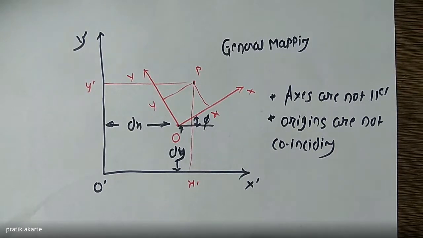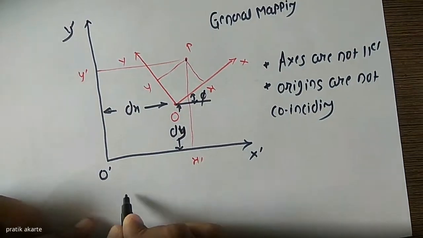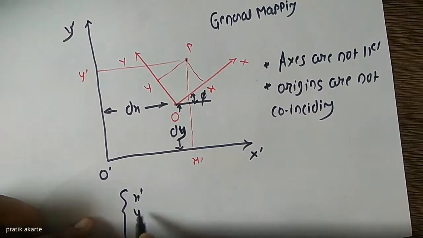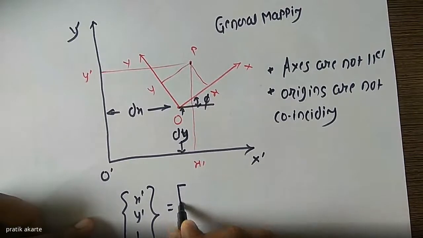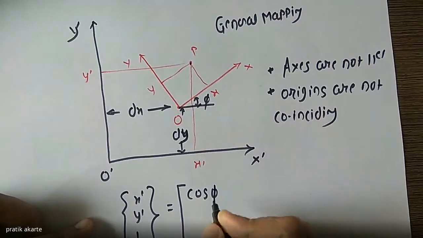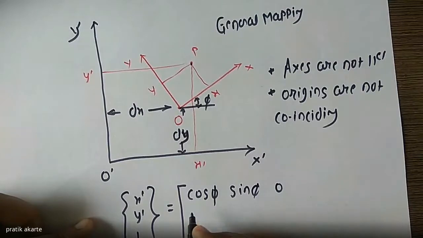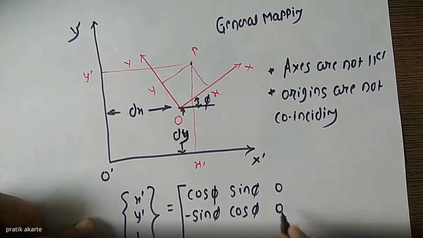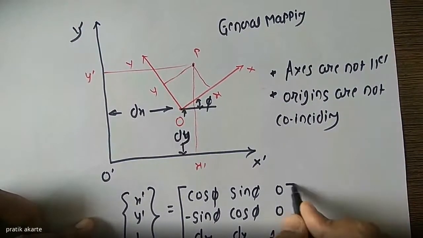Now, what is the equation for the general mapping? It is [x dash y dash 1] equal to [x y 1] times the matrix: cos phi, sin phi, 0; minus sin phi, cos phi, 0; dx, dy, 1.